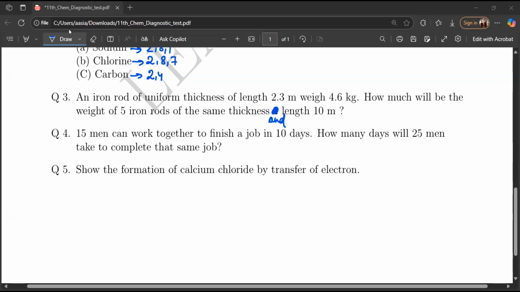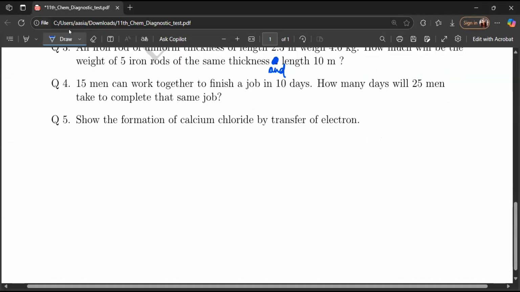One second. I don't know how to. Okay, you can tell me, I will draw it for you. Just tell me step by step. So calcium chloride. First, calcium will have two electrons with it. And then chlorine will have seven surrounding it.